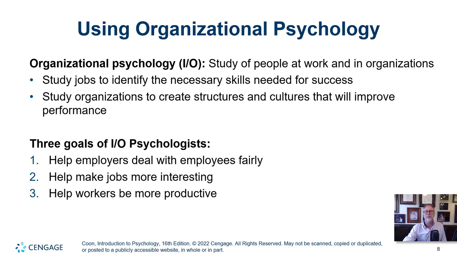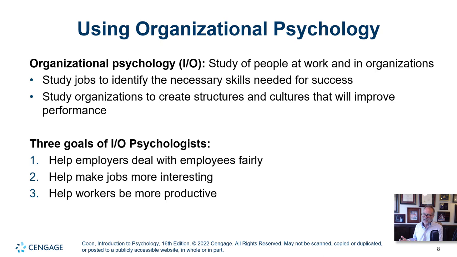But overall, there are three important goals that are pursued by IO psychologists. They are either helping employers deal with the employees fairly. That's if you've heard of diversity, equity, inclusion, and belonging, that's where that kind of fits in. The second goal pursued by IO psychologists is helping to make jobs more interesting and satisfying.